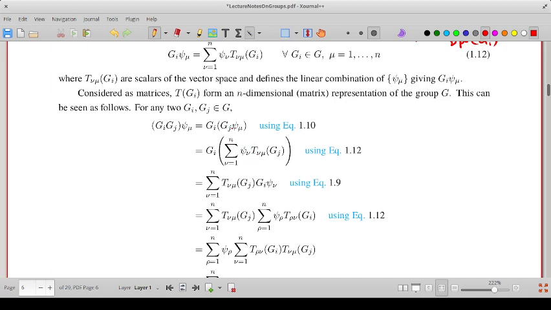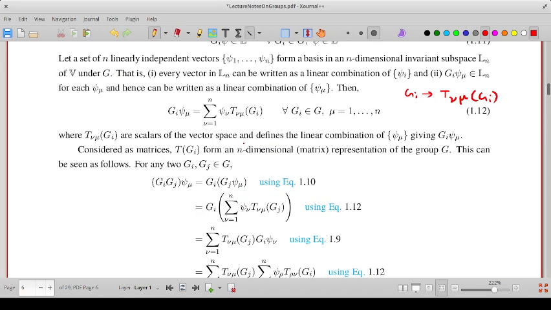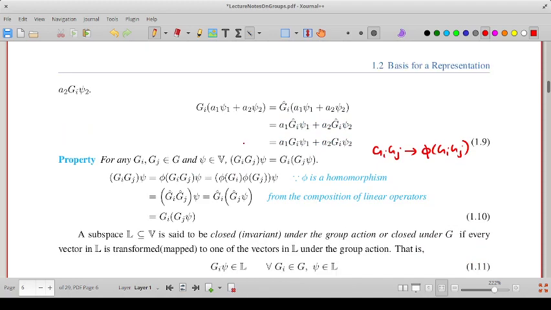Now the group element involved is Gj, and therefore it is a function of Gj. So Gi acts on this linear combination. Psi nu are the vectors and these are numbers. So it's a linear combination of these n vectors, and we already know that the action is linear and it satisfies this equation.